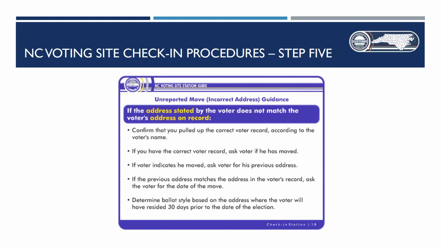For the primary, April 8th is going to be key because if the person moved before April 8th, that means that they have resided 30 days prior to the date of election in a different precinct. If they moved after April 8th, then they have not resided. We'll get into that in the next few slides.